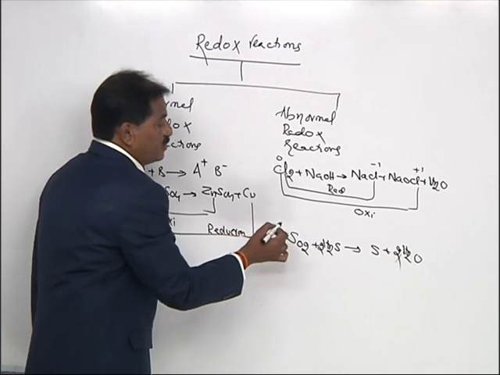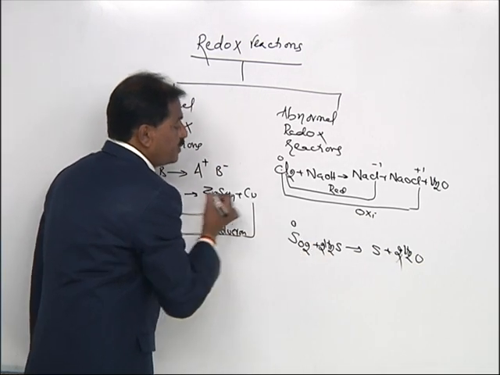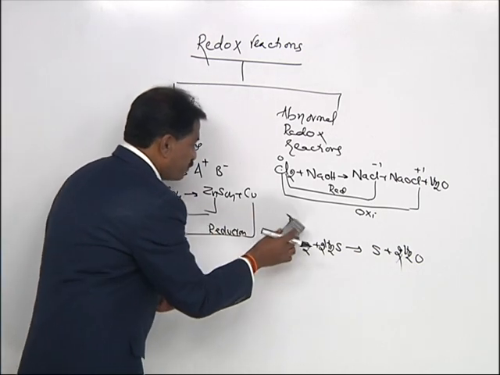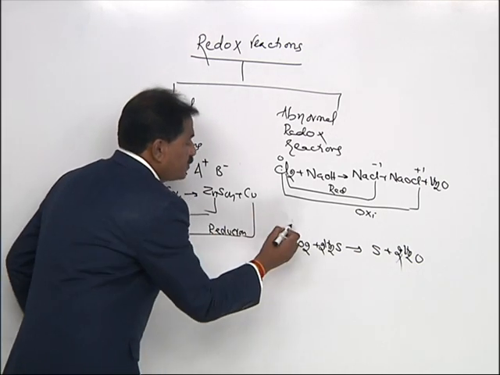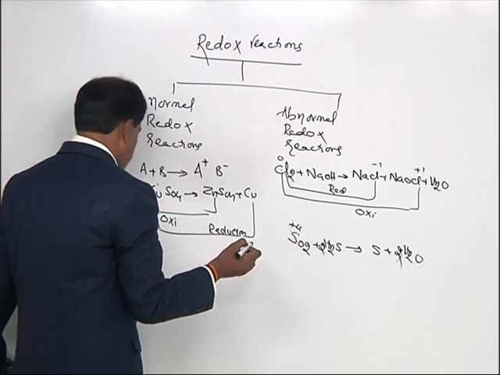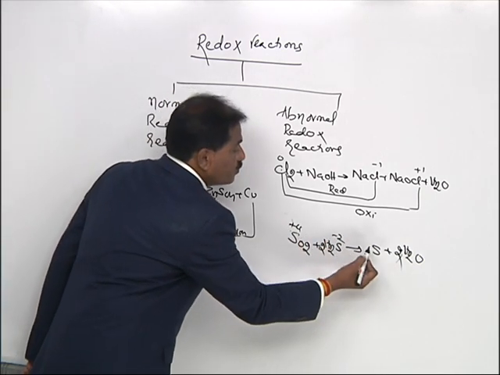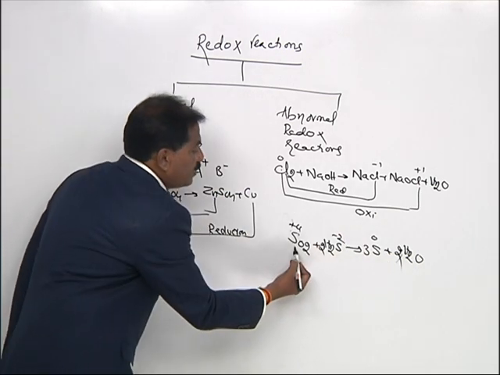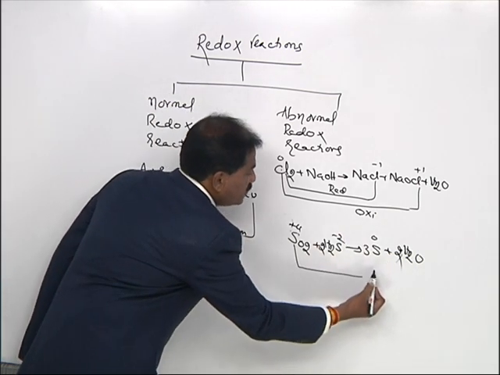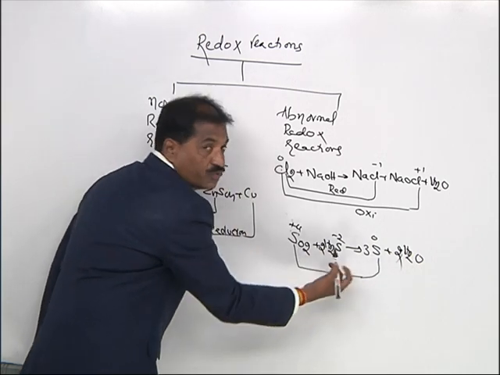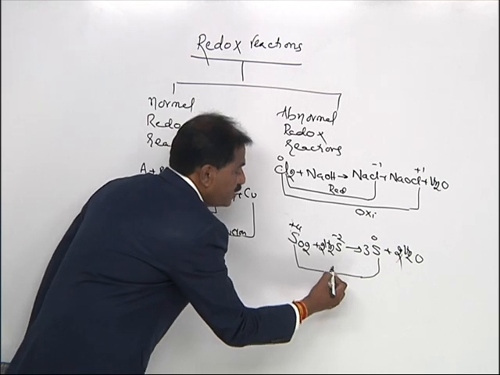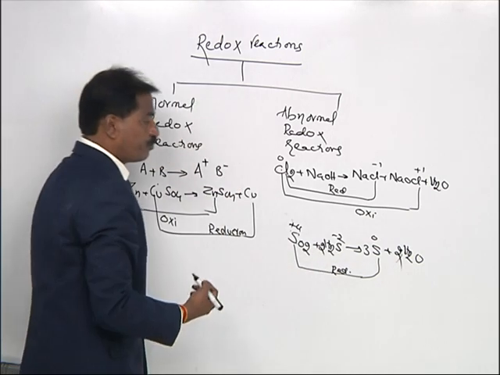Here in this reaction, the oxidation state of the sulfur in SO2 is +4, in H2S it is -2, and in the product it is 0. This sulfur is changing its oxidation state from +4 to 0. +4 to 0 means it is gaining 4 electrons. Hence we can say it is undergoing reduction.